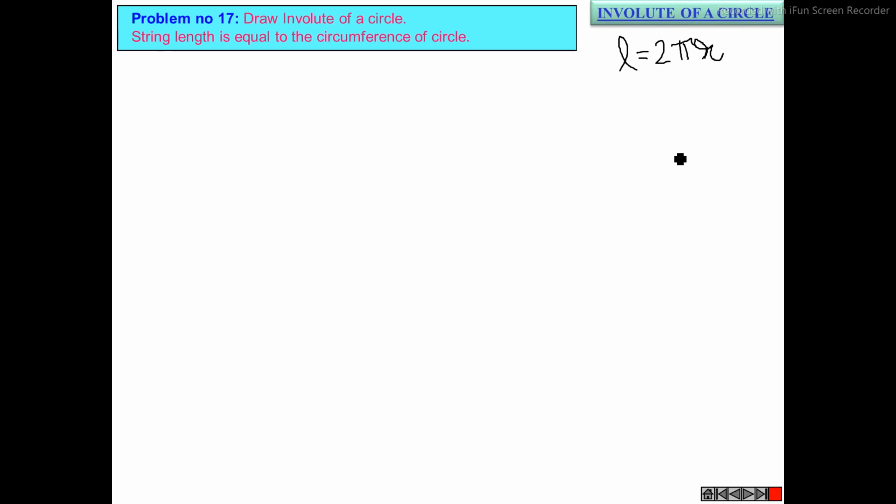A circle of certain radius or diameter, and the length of the thread. Since in this case the length of the thread is equal to 2 pi r, if I know the radius of the circle, I can easily find out the length of the thread. Yes or no? Yes, sir.